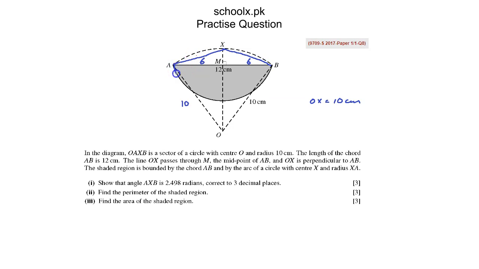And the arc AB is the arc of a circle with center at O, right? So this arc is starting from center O.